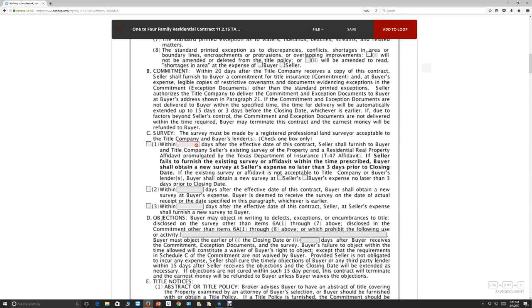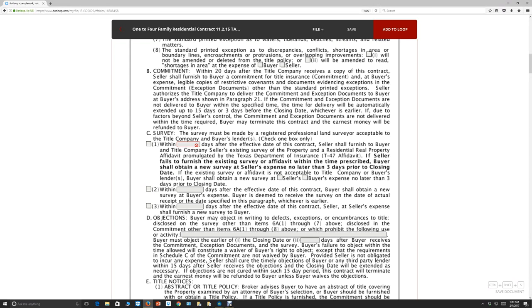Within blank days after the effective date of this contract, seller shall furnish to buyer an existing survey and a T47 affidavit. One of the big questions that I hear is, do both sellers have to sign the T47? In order for them to have actually provided an accurate T47 that stands up to all legal challenges, the answer is yes.